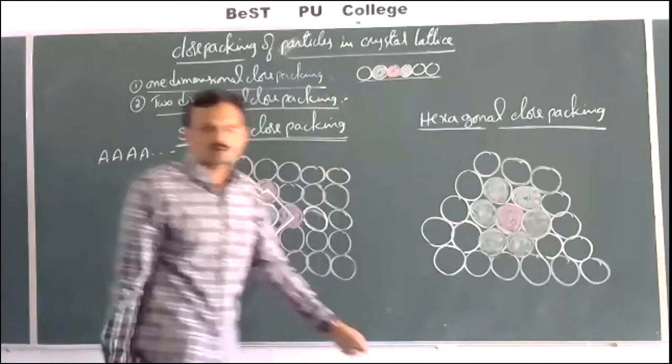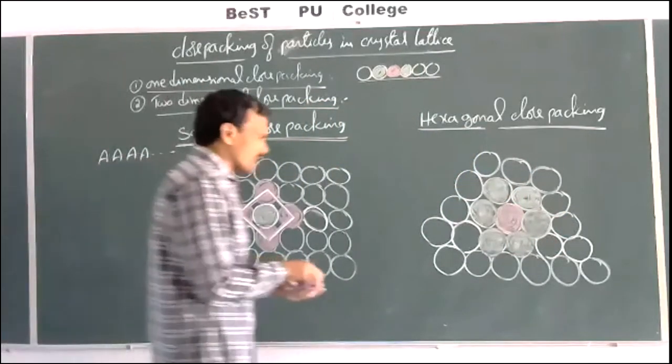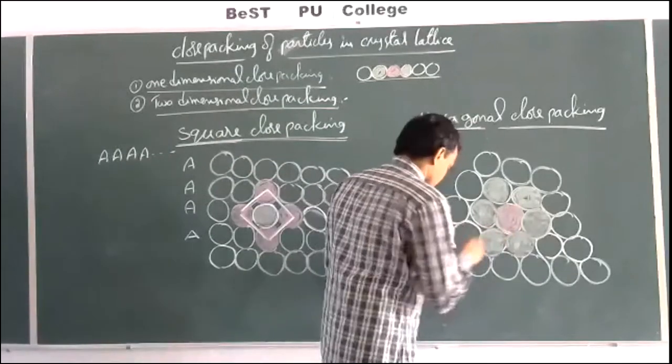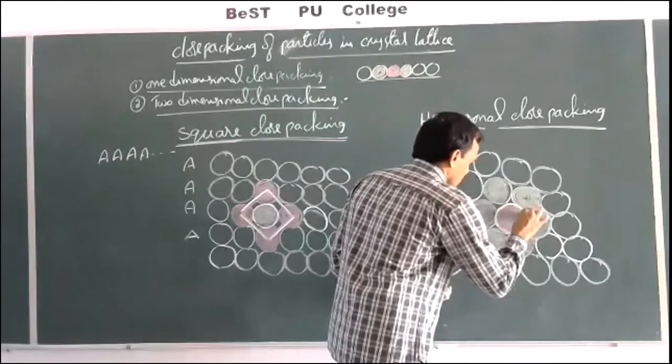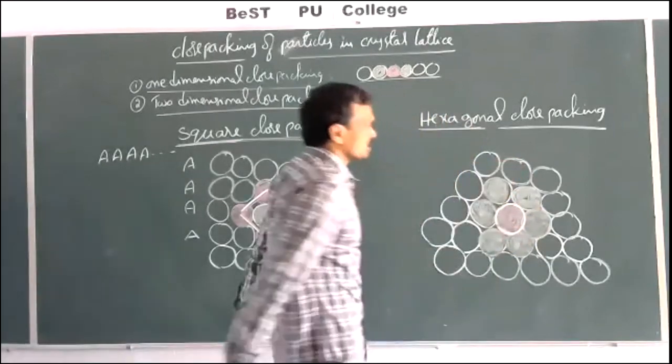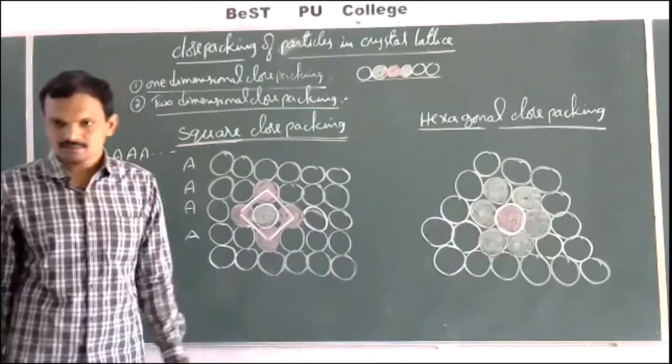Right? See here now. This is the central particle I have placed here. This central particle is in contact with how many particles? 6 nearest neighboring particles.